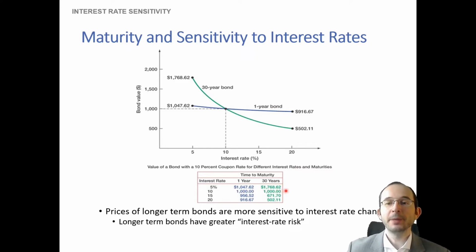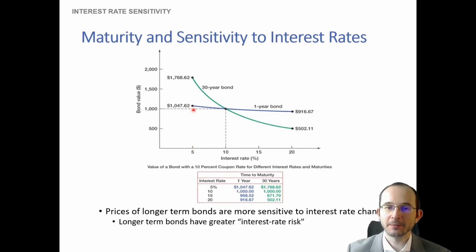Now, with doing a bit more math, but nothing that we should be by now unfamiliar with, we can actually figure out what these bonds would be worth if the interest rate fell to 5%. So for the 1-year bond, we just have to discount the one-time coupon of $100, as well as the repayment of principal by one period at now 5% instead of 10%.